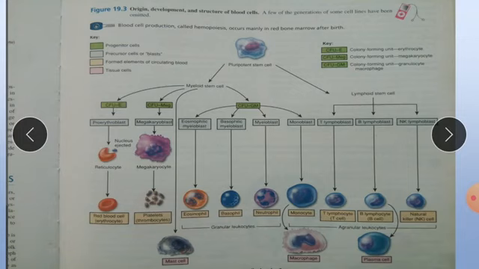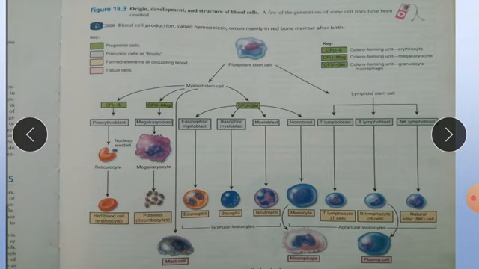Other myeloid stem cells and lymphoid stem cells develop directly into the precursor cells. Progenitor cells are no longer capable of reproducing themselves and are committed to giving rise to more specific elements of blood. Some progenitor cells are known as colony forming units.